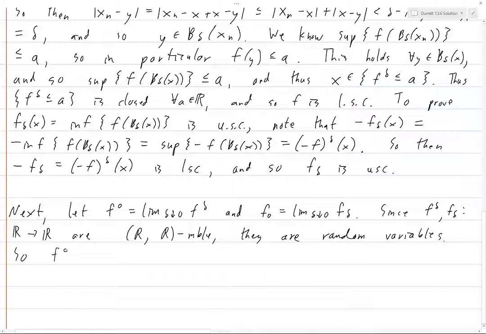So now f upper 0 of x, which is the limit as delta decreases to 0 of f upper delta, is also the limit as n goes to infinity of f upper 1 over n of x. Because if we're decreasing delta to 0, it suffices to decrease delta to 0 in this particular way, by taking the limit as n goes to infinity of 1 over n.